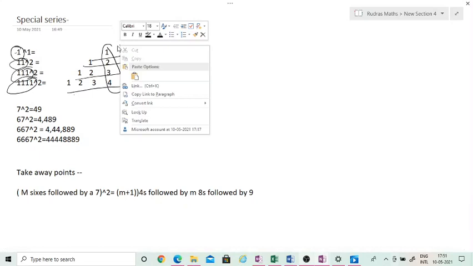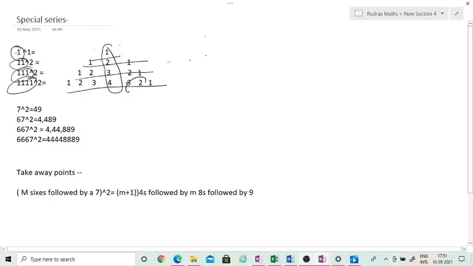So what is the series? We move rightwards: 4, 3, 2, 1, and again over here 4, 3, 2, 1. If you ask me anything about that, we can make this chart in our minds, become accustomed to it, and easily find the square value.